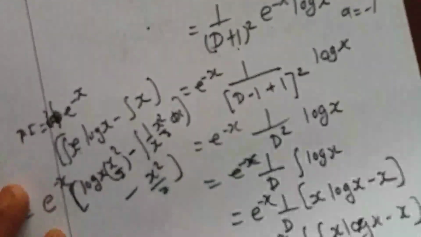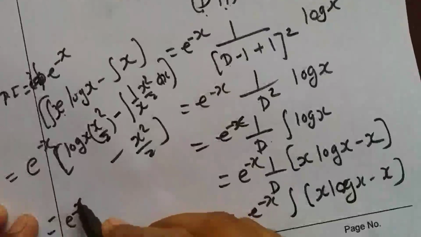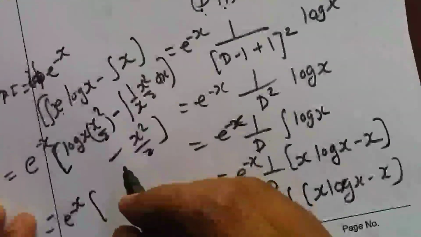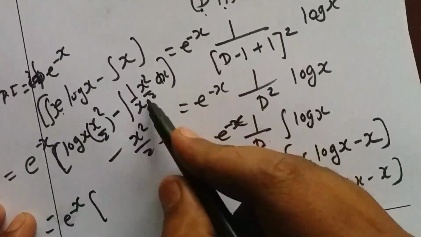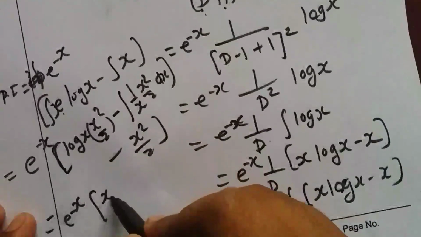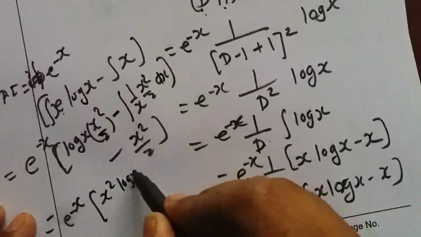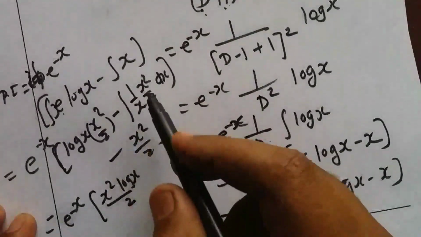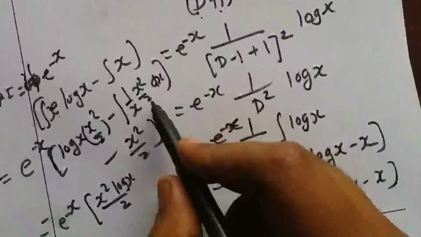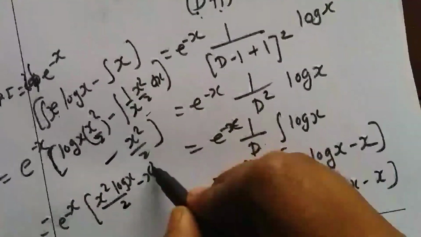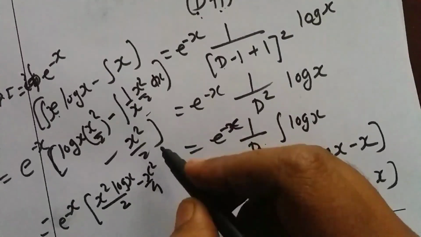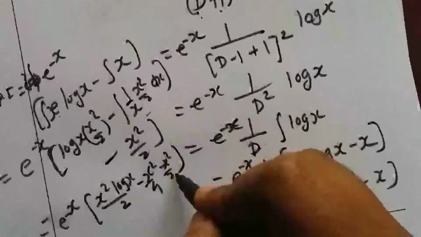Okay. So I will simplify it further. After simplifying it further, we'll have e raised to minus x into, this x will get cancelled, this is x square log x by 2 first term. Then x will get cancelled. The integration of x by 2 will be minus x square by 4, and this is minus x square by 2.